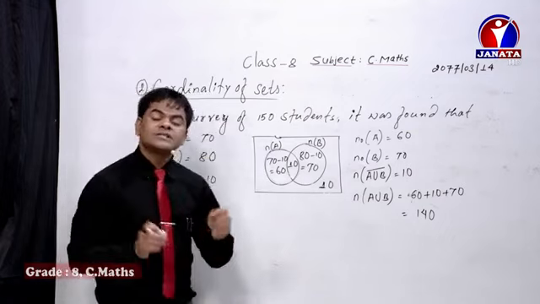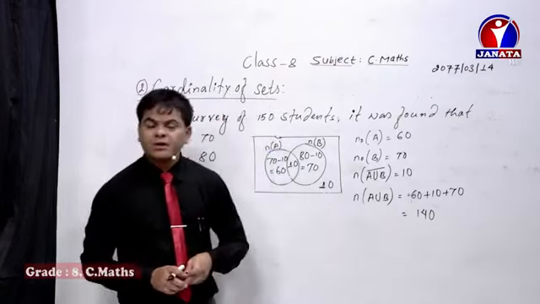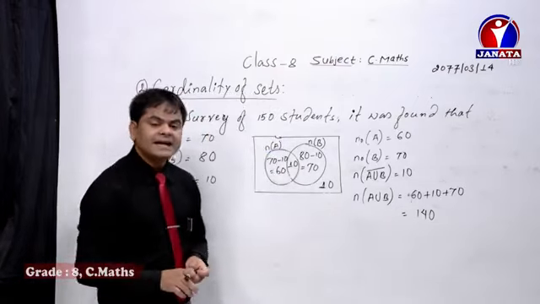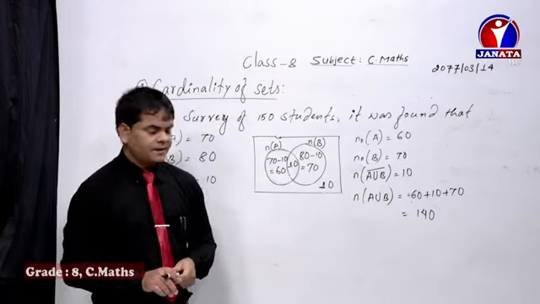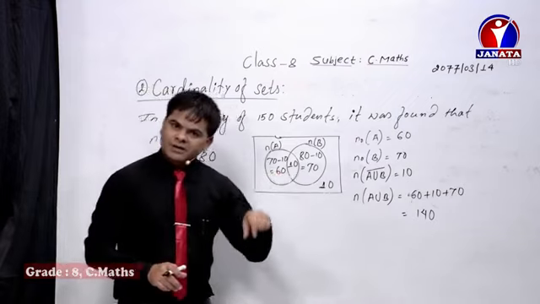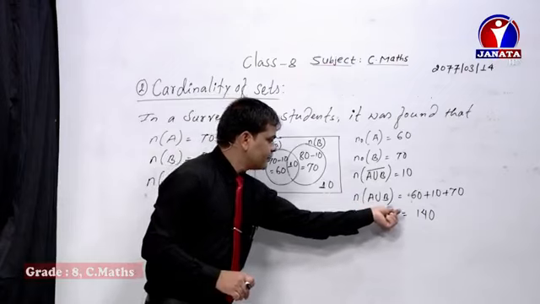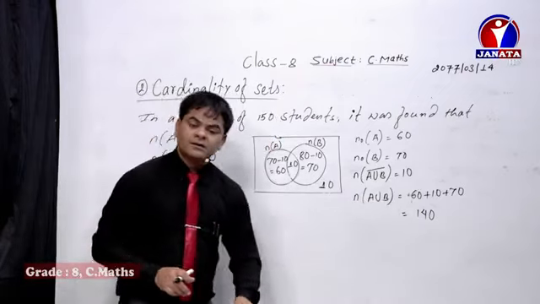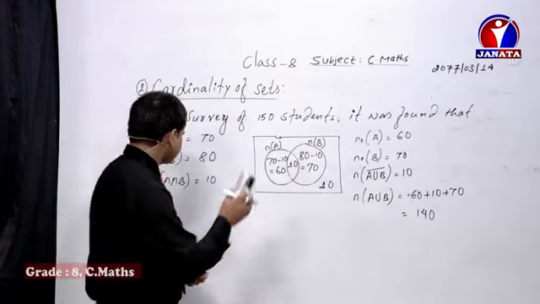That means in logical words, there are 140 people or 140 students who like either apple or banana or both. If we say that, then in symbolic form we write this. In this way we do the problem regarding cardinality of sets.